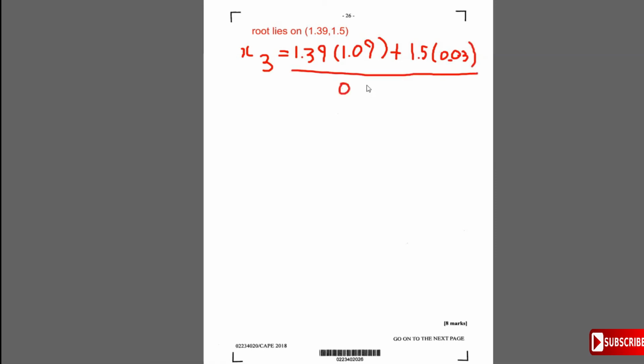So using linear interpolation one more time, we're going to get that x3 is equal to a, which is now 1.39, times f of b, which is 1.09, plus b, which is 1.5, times f of 1.39, which is 0.03, over f of b plus f of a, which is 0.03 plus 1.09.